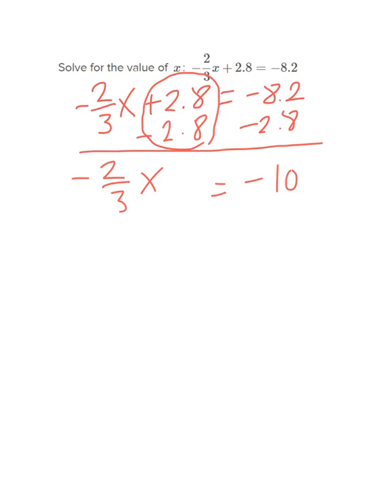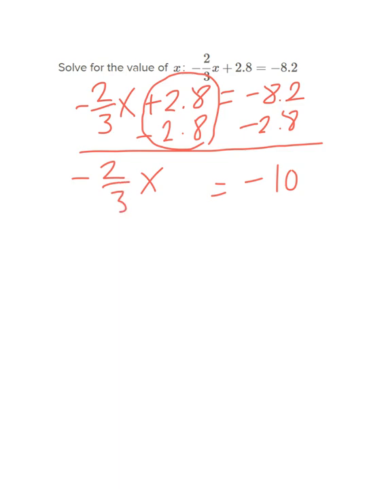What we have left is negative 2/3 times x. And the opposite of multiplying by negative 2/3 is to divide by negative 2/3.